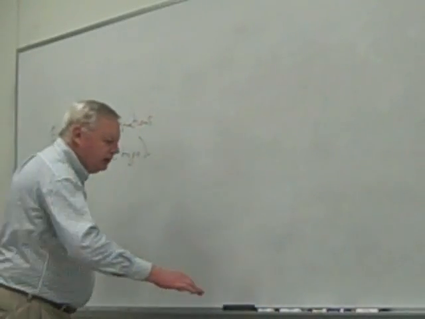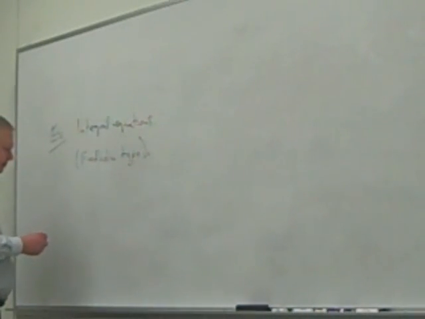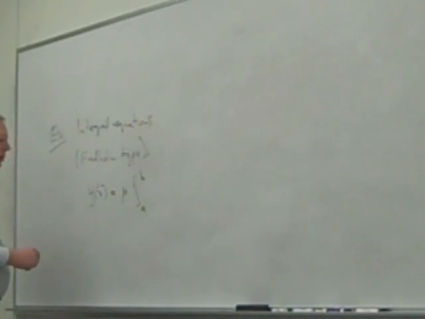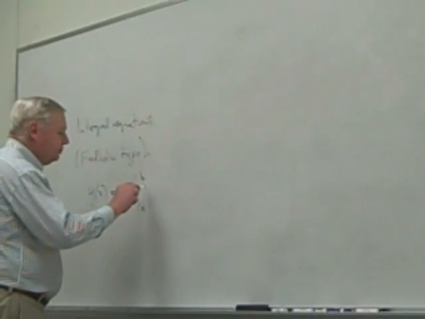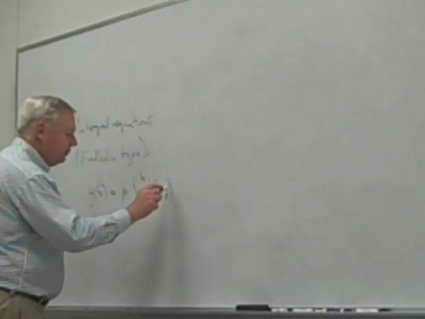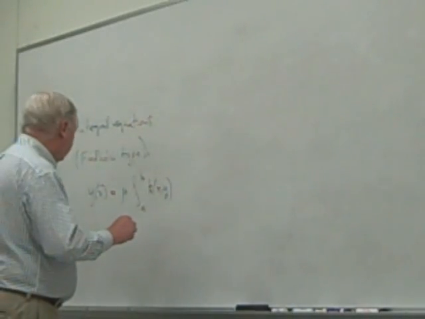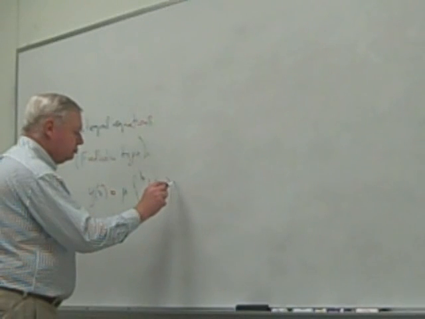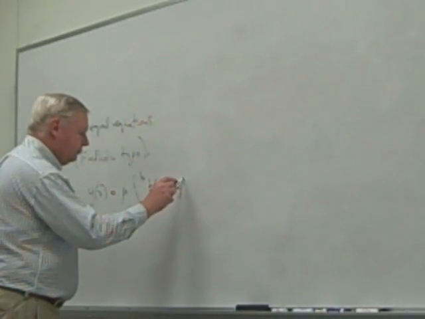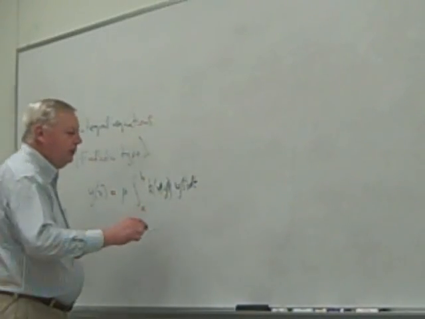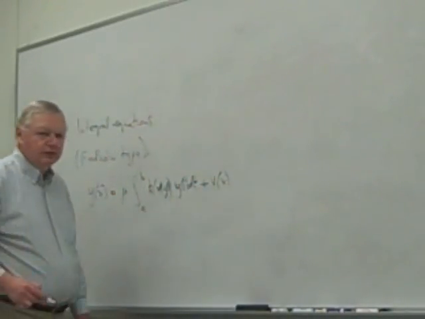And typically it looks like this. y of x is some parameter mu times the integral a to b of some function a of x, y times, dt, plus some function of x.